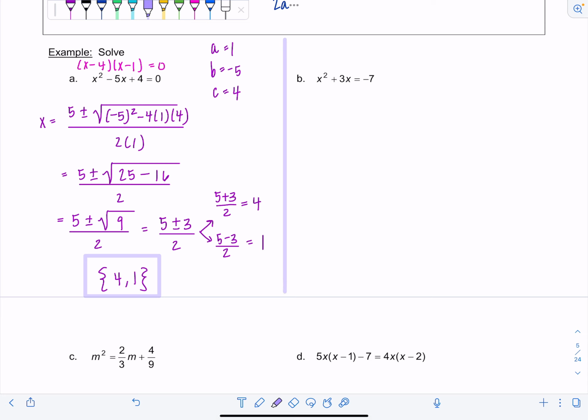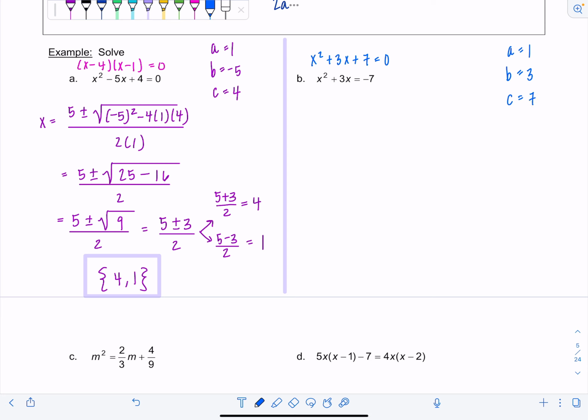Okay, next one, x squared plus 3x equals negative 7. Before we start setting up the quadratic formula, we have to put this in standard form. So I'm going to move the negative 7 over, so this is x squared plus 3x plus 7 equals 0, right? Which means a is equal to 1, b is 3, and c is what? Very good, positive 7.